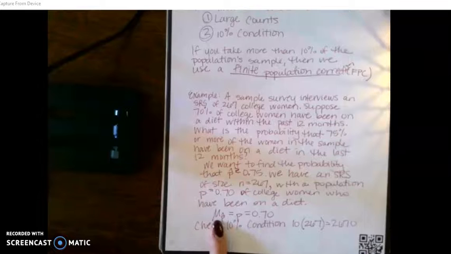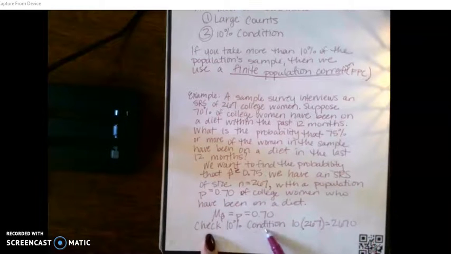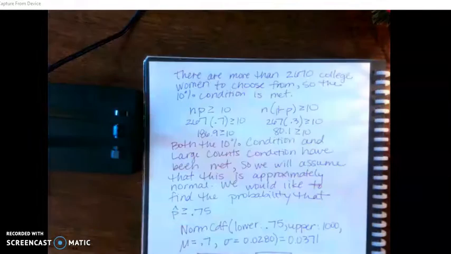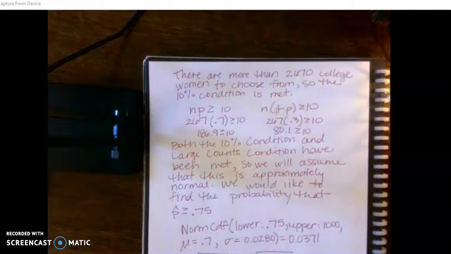Now we have to see if this is approximately normal. To do that, we need to check the 10% condition. So 10 times 267 is equal to 2,670. Because there are more than 2,670 college women to choose from, we have met the 10% condition. The next thing we need to do is check the rule of large counts.